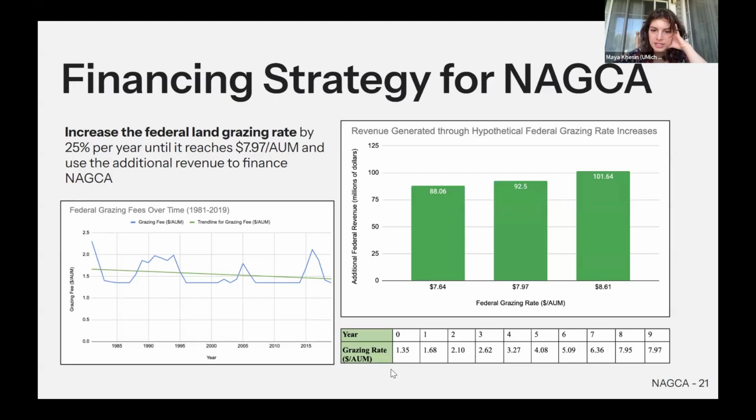So year zero is basically now. The 1.35 might change depending. The BLM and USDA put out new grazing fees every year. It's been 1.35 for the past few years, but it is subject to change, so that would have to be updated. But this shows a scenario based on the current rate, and it would take 9 years to increase to 7.97.